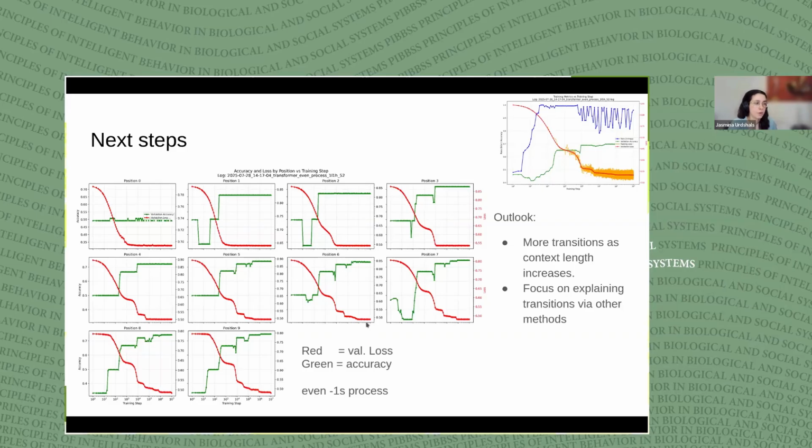There is also work that has found similar looking transitions in deep linear networks. There's a really nice paper from Sachs et al. that connects these sort of transitions, where you have plateaus and then rapid transitions in the accuracy metric, to singular value learning of the matrix that's being learned in their deep linear network.